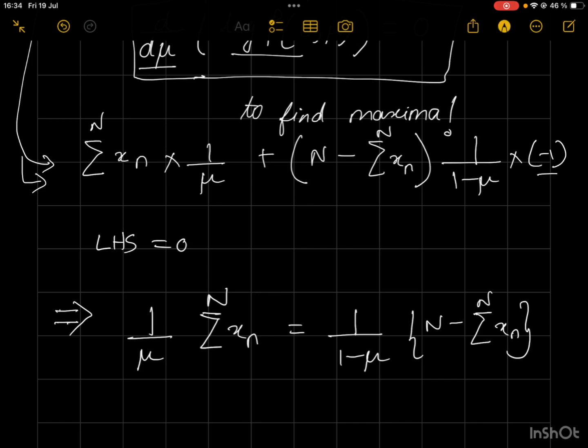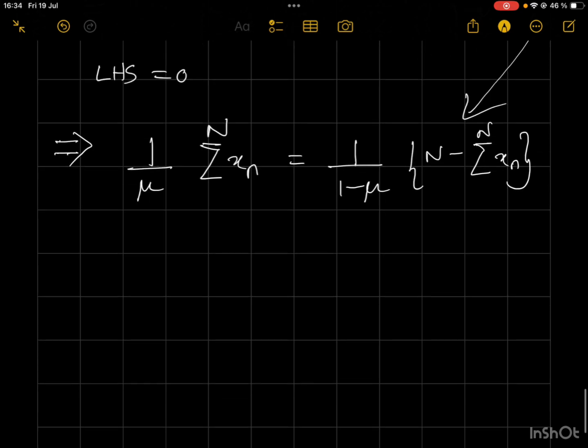This is because of this minus sign, if we take it to the other side of the equal to, this is what we get. Okay, and now if we expand this term, we'll have n upon 1 minus mu minus 1 upon 1 minus mu summation of x of n for all n.